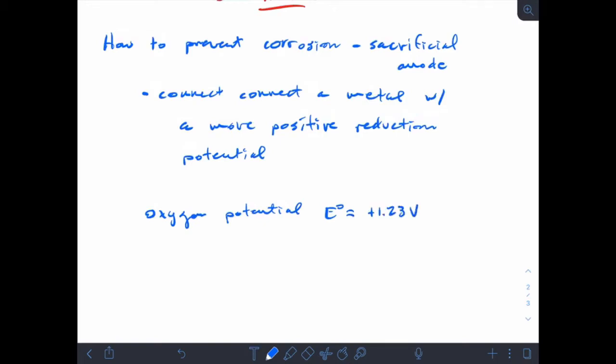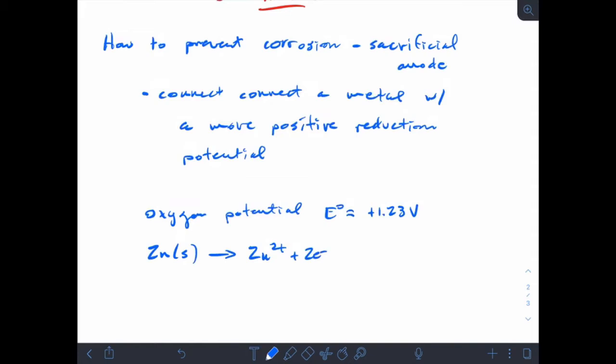And if I go down the table just a little ways, I'm going to find a likely candidate in zinc. So zinc solid can be oxidized to zinc 2+ plus 2 electrons.